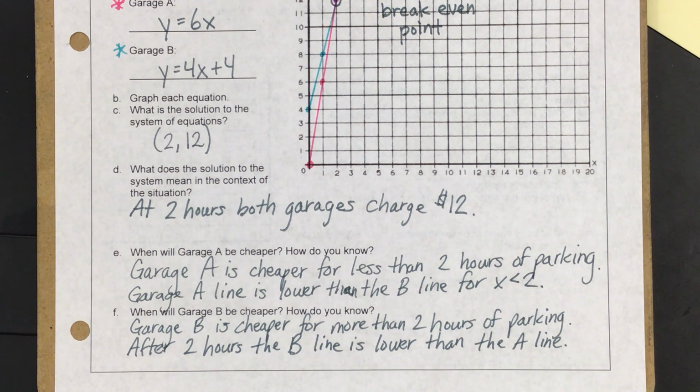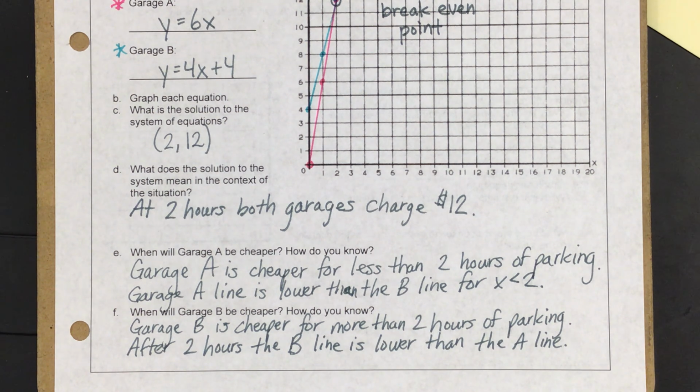Am I going for a quick run into the grocery store? Then you would choose garage A because it's cheaper for shorter stays. But if you're planning on being there a while, like you're going to Disneyland for the day, okay, then you would want to choose garage B because over the long haul, it will end up being cheaper. So you have to weigh the pros and cons and think about what kind of trip you are taking.